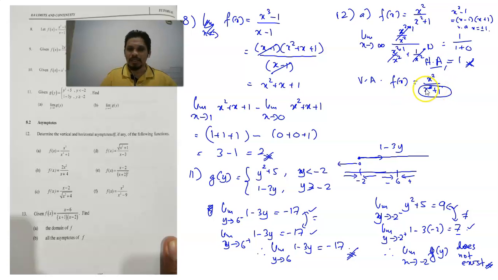But in this case, x squared plus 1, we cannot factorize unless we use complex numbers. We are not talking about complex numbers here, so the vertical asymptote does not exist.